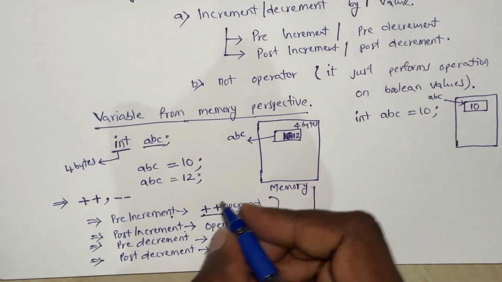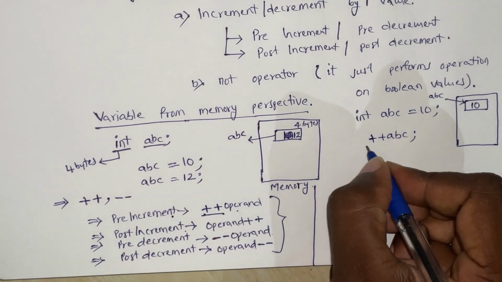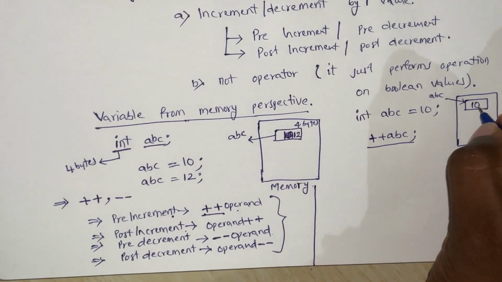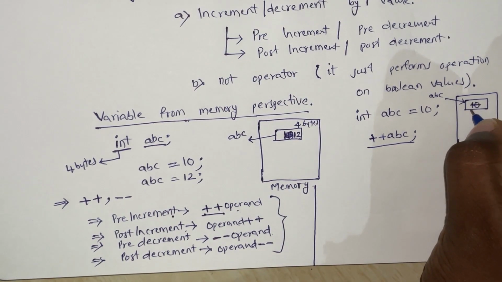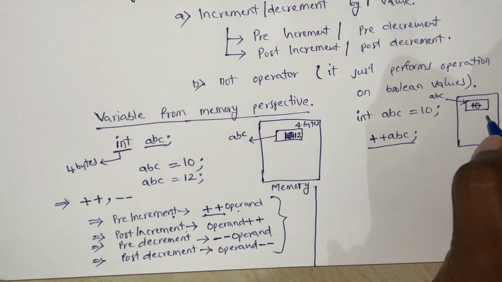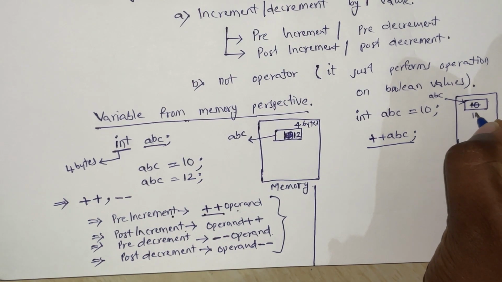Now if we perform the operation plus plus abc, what does it mean? Increment abc first: go to abc, take this 10, add 1 and replace it with that value. That means 10 plus 1 equals 11. So 10 is deleted and 11 replaces it.